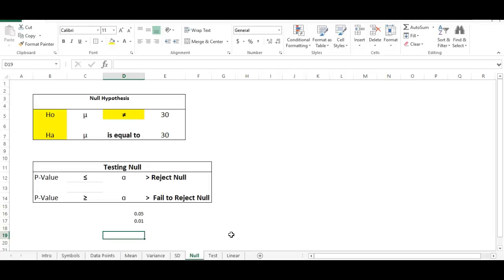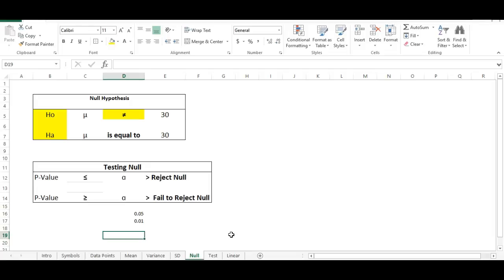Essentially, the null works like this. You always state the negative first. So suppose we want to test the relationship of something, or perhaps we want to test the mu of our population because we believe that the mu of the population may be 30, for example.